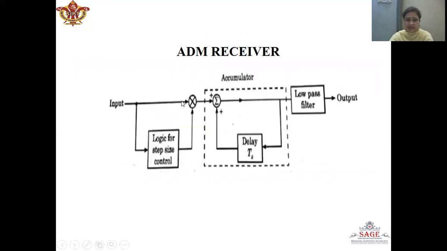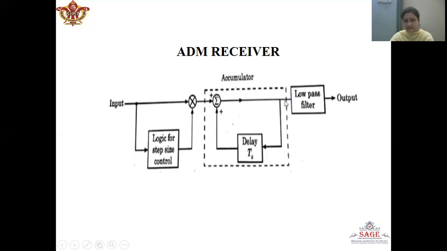Now, this is the block diagram of the ADM receiver. The input, which was the quantized version of the error signal, is transmitted via the channel and received at the receiver. This quantized error signal is controlled by the step size control unit, and it generates an output which is given to the accumulator, which adds to the previous predicted sample, and the previous predicted sample will increase in amplitude.